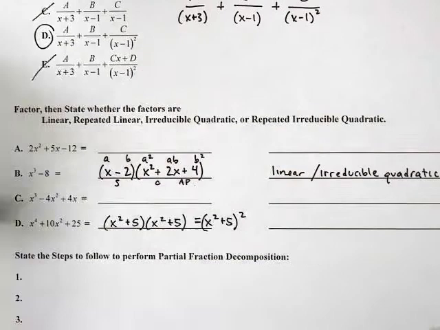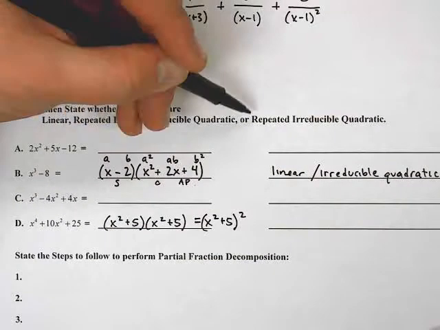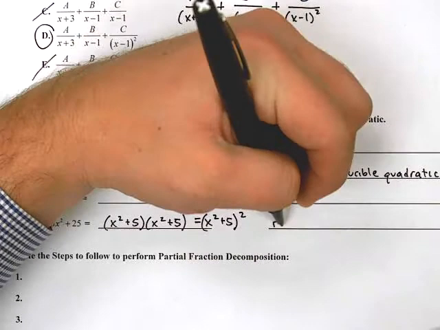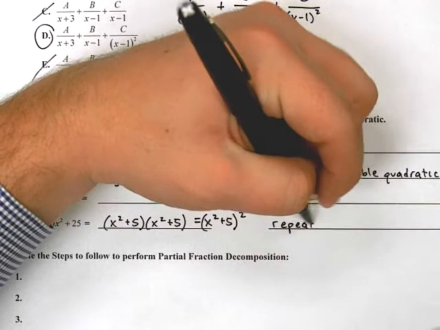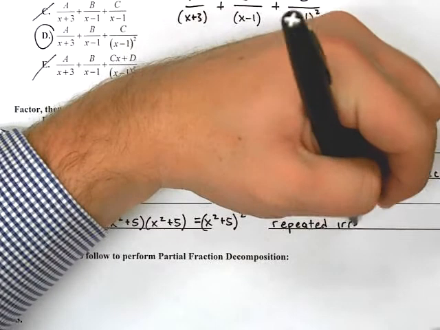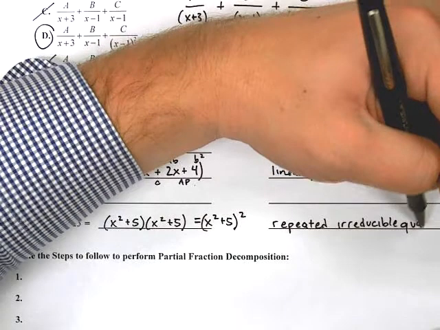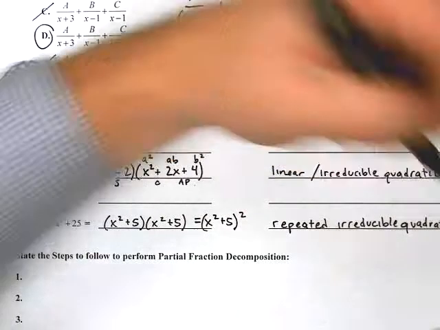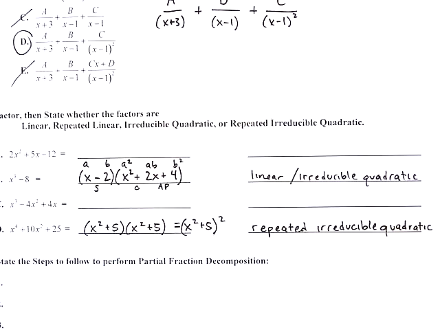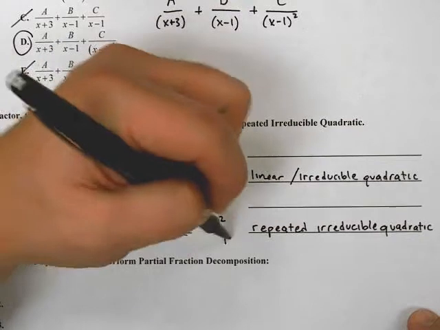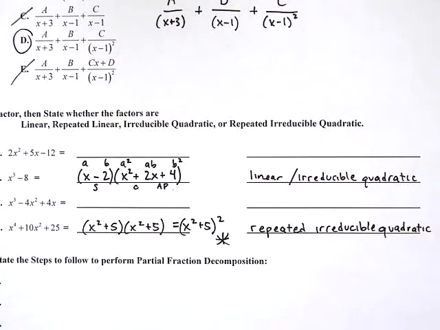This is an irreducible quadratic, but it is repeated. A repeated irreducible quadratic. Let's star that. That's what we're going to be on the lookout for today.